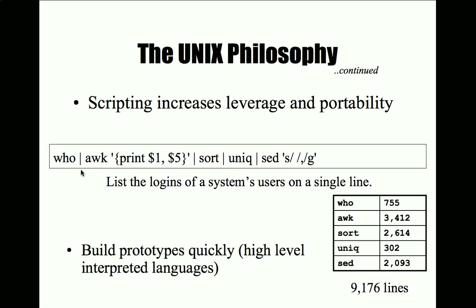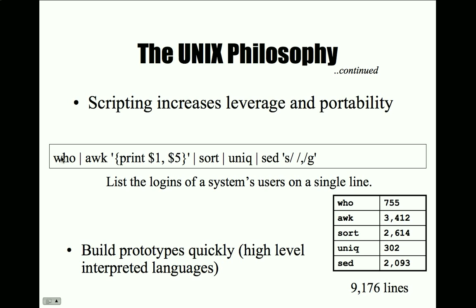But anyway, that pipe symbol is basically saying: run the program on the left of the pipe and use the output of that program as an input to the program on the right side of the pipe. If you look at the example here, I have a program called who.